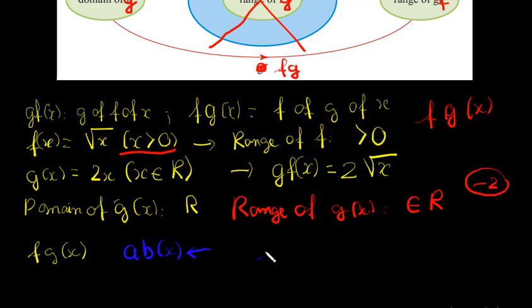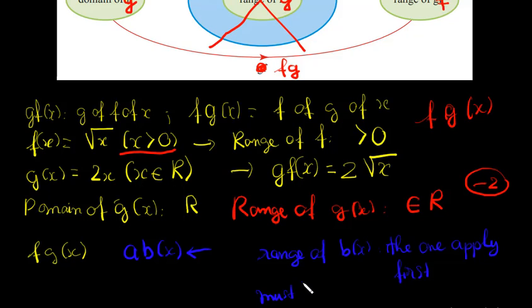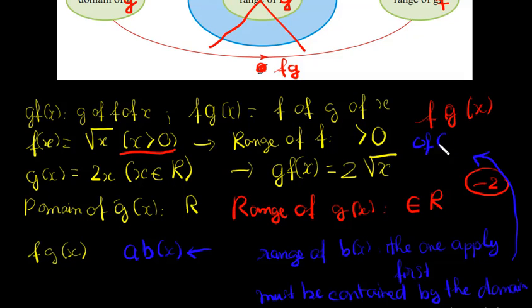So the range of the one applied first, b(x), must be contained by the domain of a(x), the one applied later.